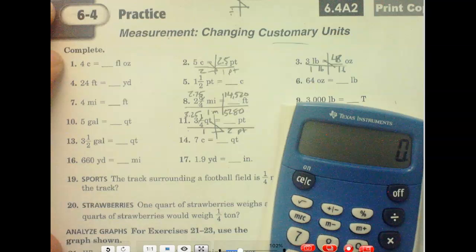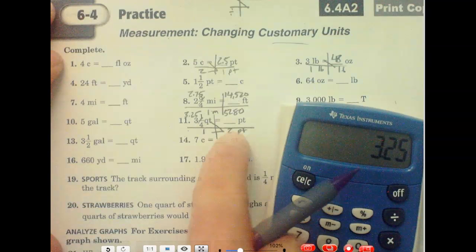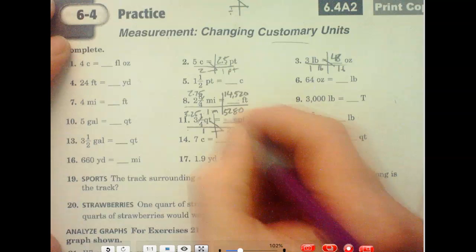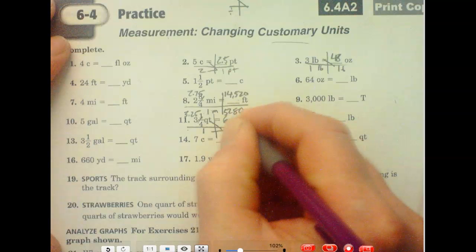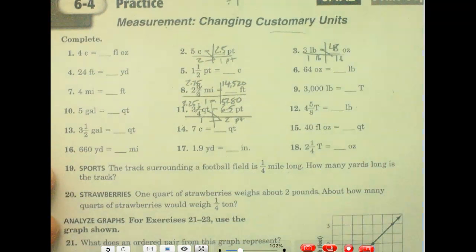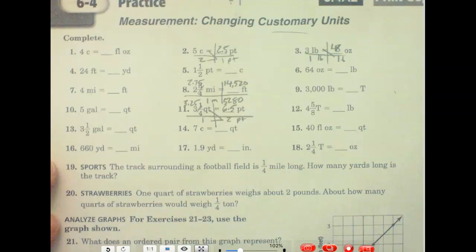So we're going to have 3.25 times 2 divided by 1. Of course, it's just 6.5. Okay, we're set to go. Let's try ones a little bit harder down here.